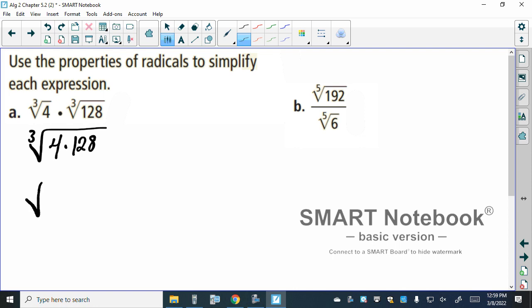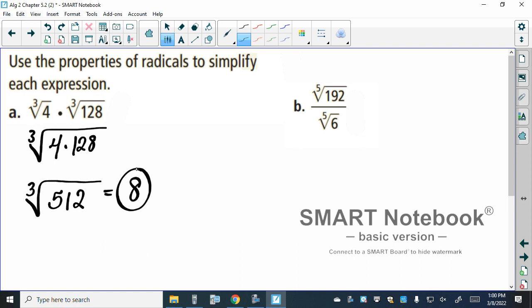And we could do 4 times 128, and I believe it should give us 512. We could try this in the calculator to see if this gives us a nice radical. And it gives us 8. Again, we could do the factor tree, but luckily this one does give us a whole number.